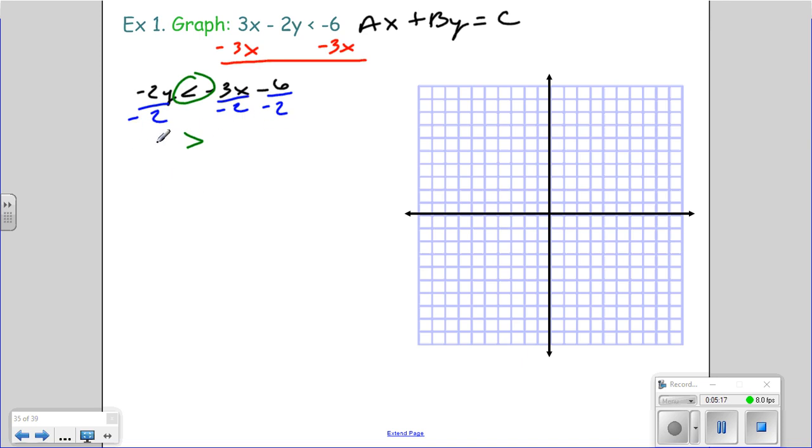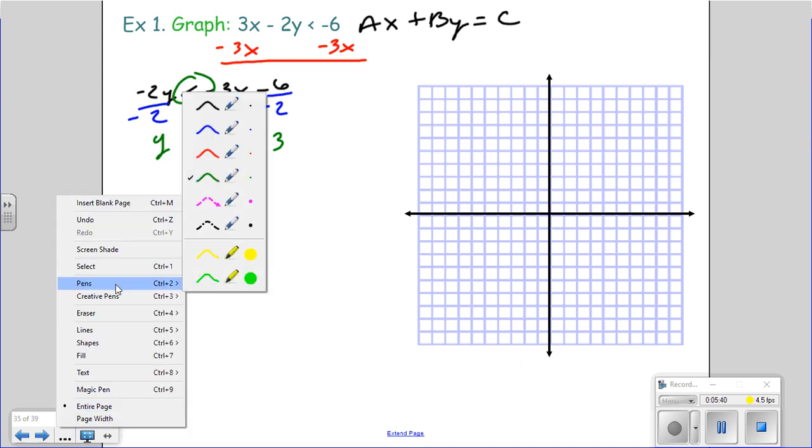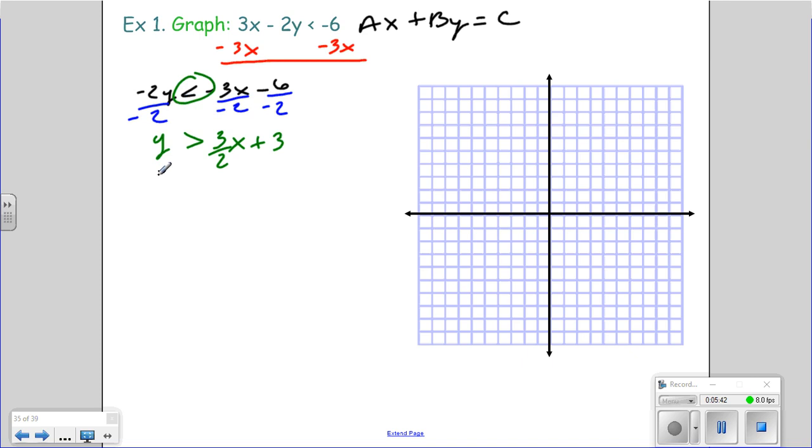So the end result would say y is greater than, negative over negative is a positive, so 3 over 2x. Again, negative over negative is positive, so that's a positive 3. So this is what the equation would look like in slope-intercept form. Again, remember from algebra, that's y equals mx plus b.